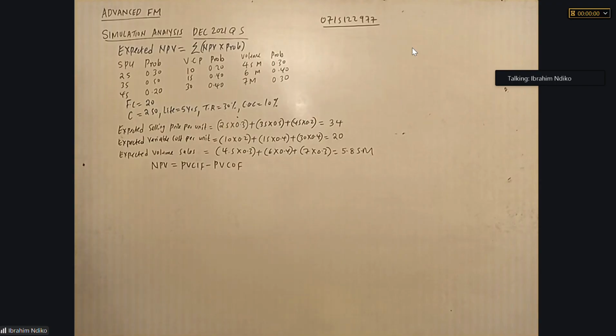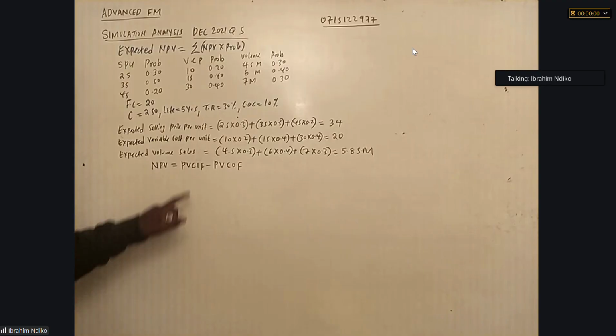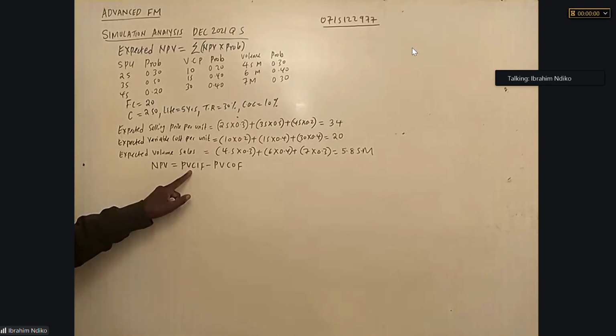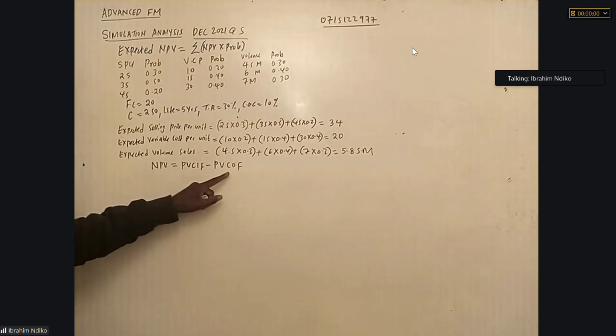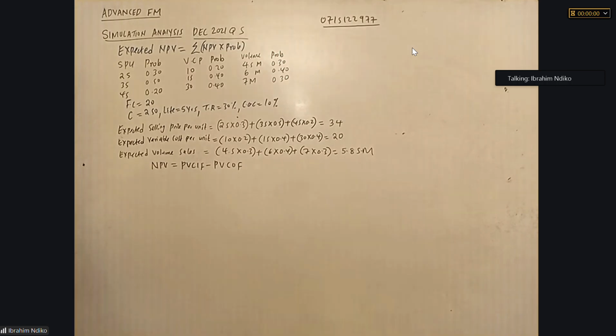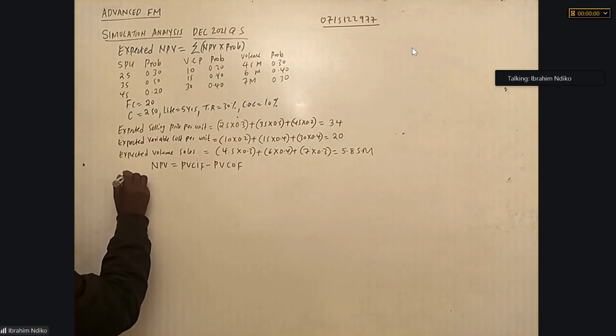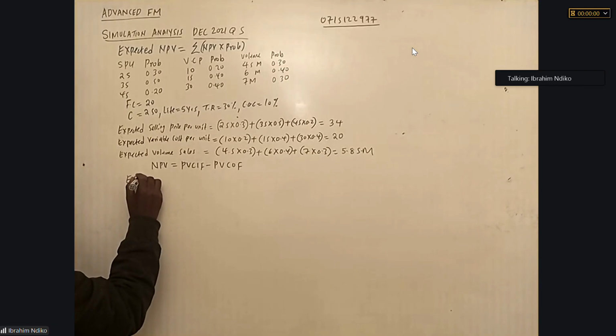But in this case, they want expected NPV, so this must also be the expected present value of cash outflow. So let's compute the expected present value of cash inflow.